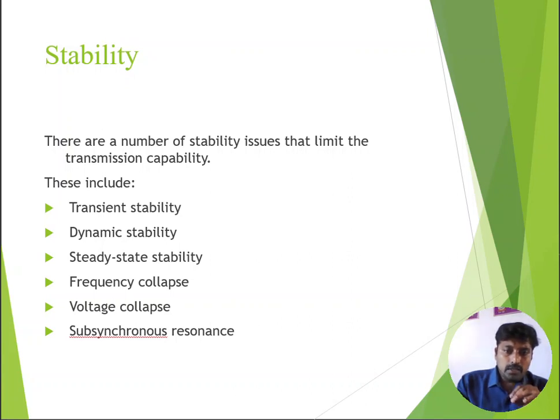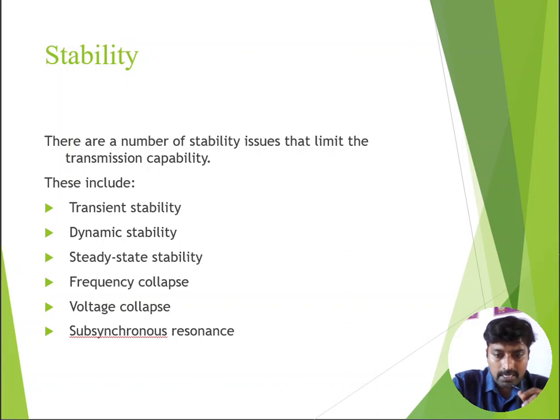Frequency collapse, voltage collapse, and subsynchronous resonance also come into the picture. These stability issues also limit the transmission capability. For example, in frequency collapse, whenever the active power generated and the active power utilized are not matched, the frequency will oscillate.